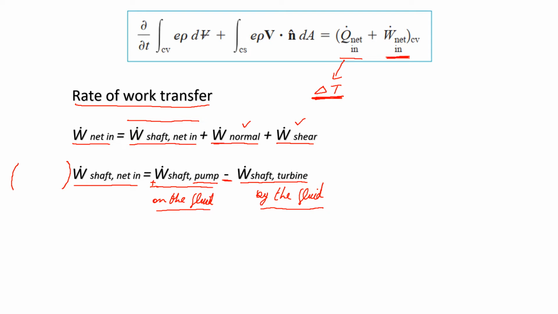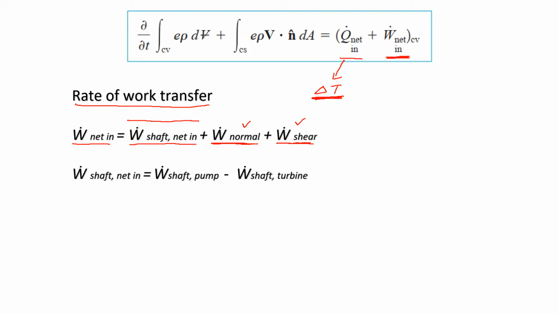And now we will look at the terms. These are the rate of work transfer required to overcome these normal stresses and these shear stresses. And when we are talking about the rate of work transfer required to overcome these stresses, we are talking about the control surfaces of our control volume. And by control surfaces, I mean the inlets and outlets of my control volume.